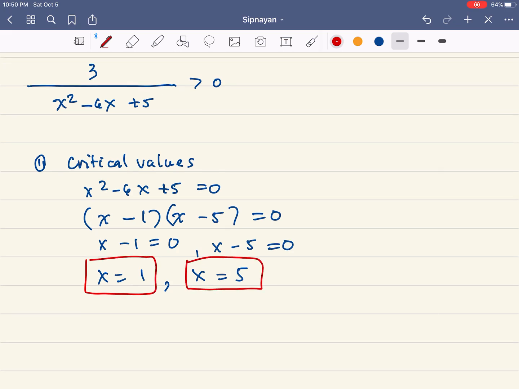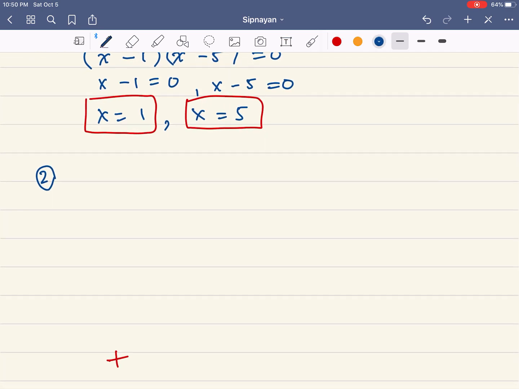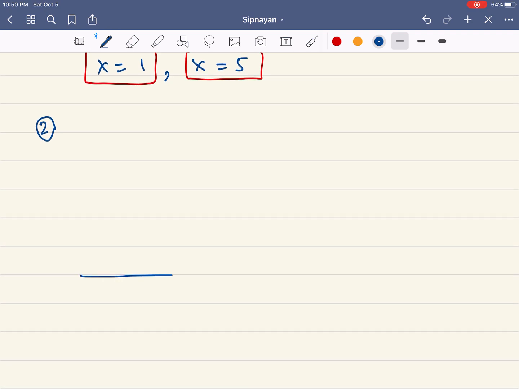So yung dalawang yan yung ating critical values. Pag nakuha na yung critical value, sabi ko sa inyo sa previous video, we plot the critical values on the number line. Mahirap mag-drawing. Pwede mag-drawing. This is a new software, a new app.